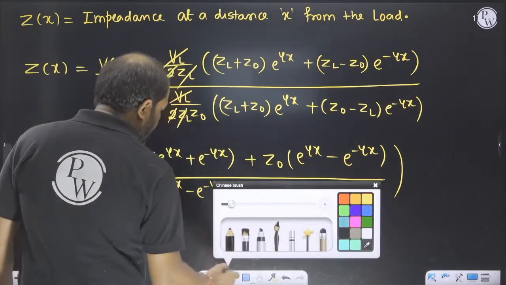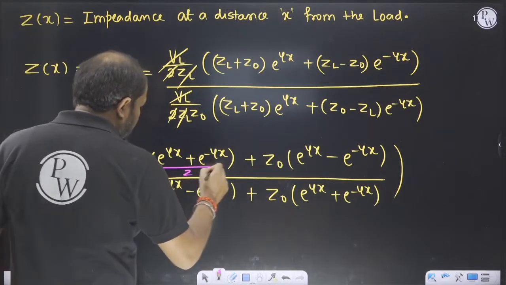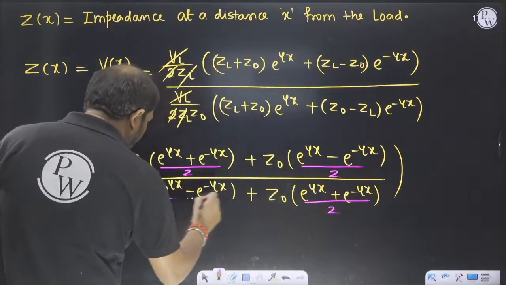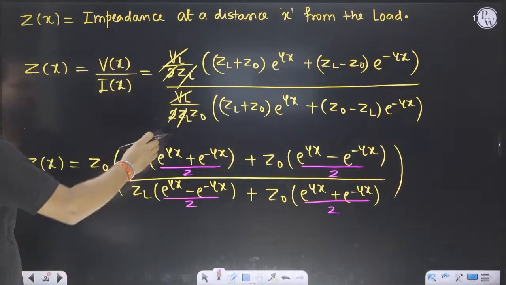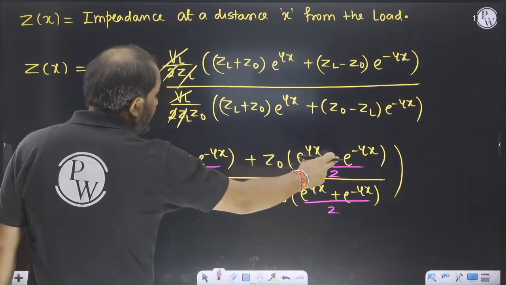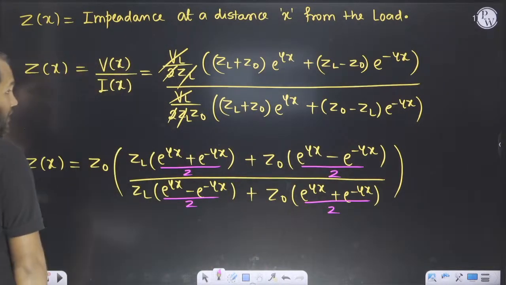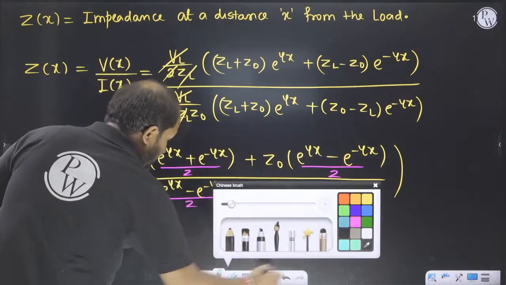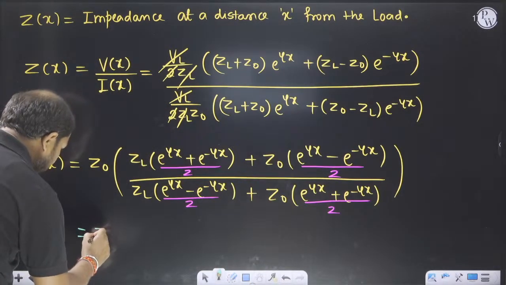Then I will divide by 2, this one by 2, this one by 2, and this one by 2. So e to the power theta plus e to the power minus theta divided by 2 is cos hyperbolic theta, and e to the power theta minus e to the power minus theta divided by 2 is sin hyperbolic theta. So they are hyperbolic functions.